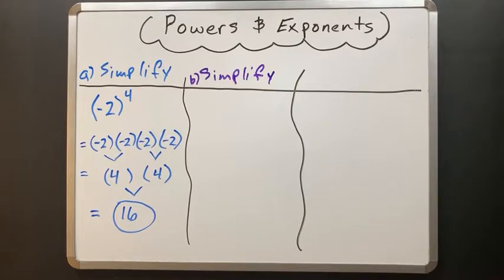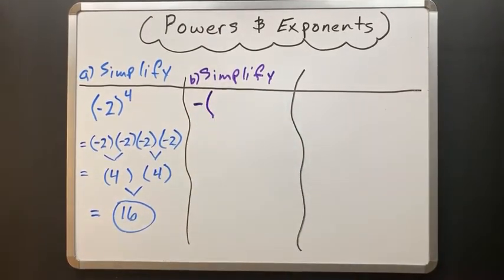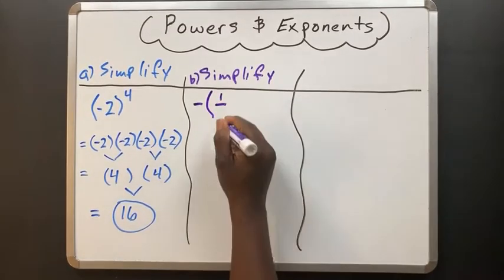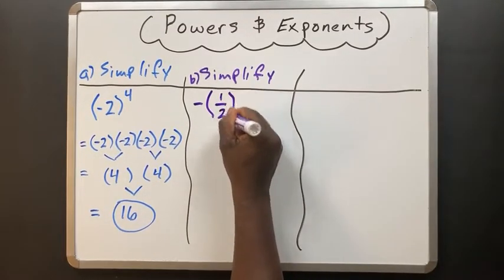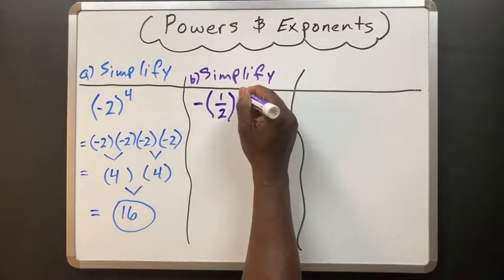It will also be an exponential expression, or we have a power, and our goal is to simplify this. All right, so here we have negative, and then we have a fraction, 1 over 2, and that is raised to the 4th power.